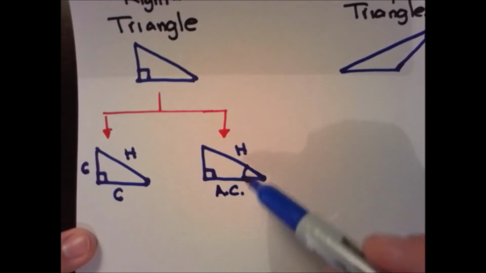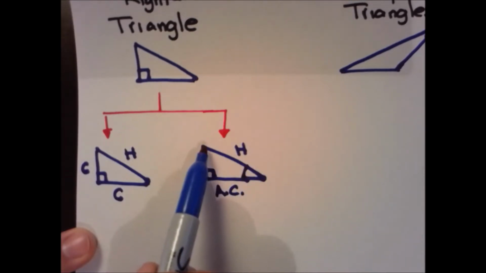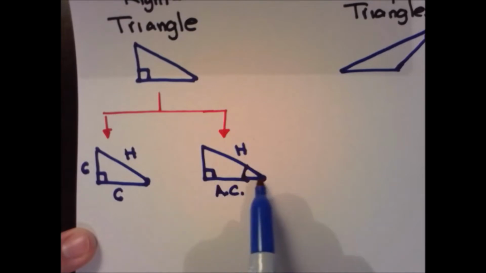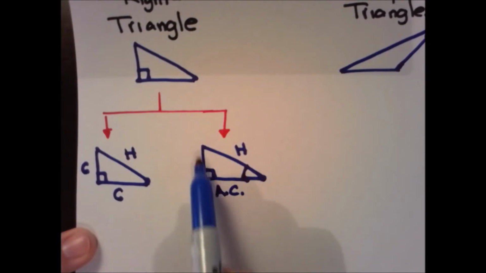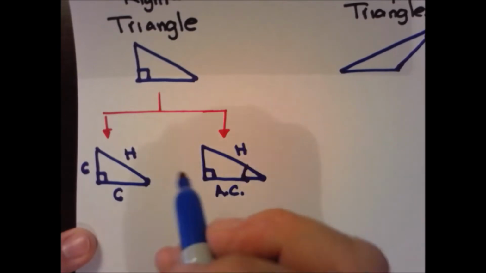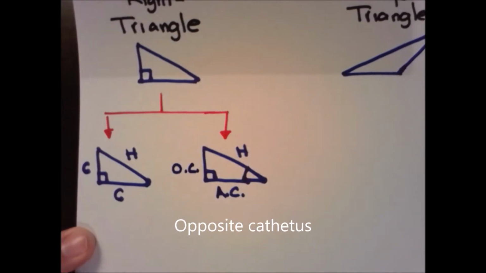Because here I'm talking about an angle, and this angle is made by the hypotenuse and the cathetus. The cathetus that is forming the angle is called adjacent. This one that is in front of the angle I'm talking about will be called the opposite cathetus. Okay, so this is the difference.